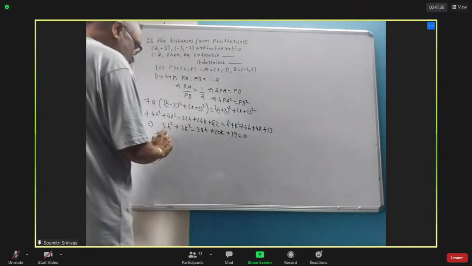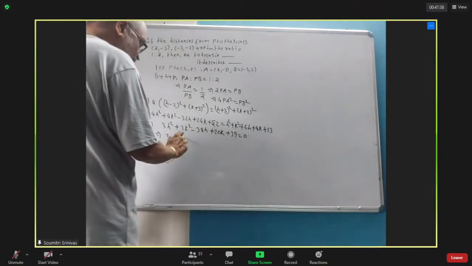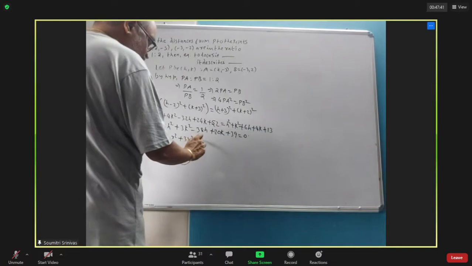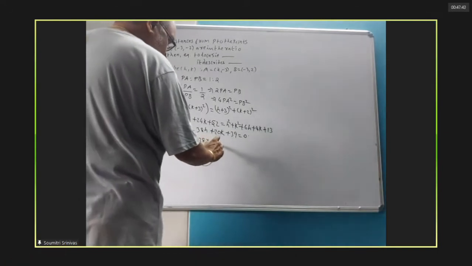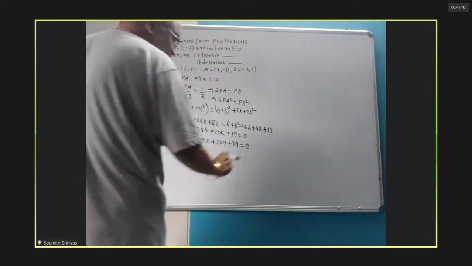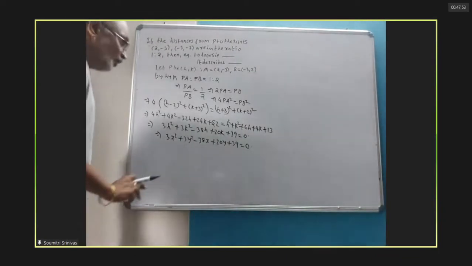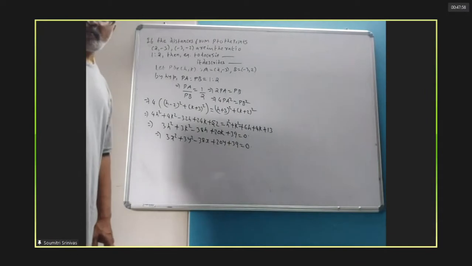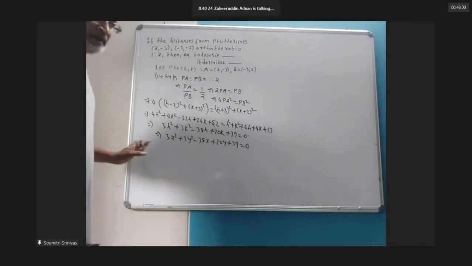What's the locus? Replace h and k by x and y. What does it represent? Circle. Divide by 3.